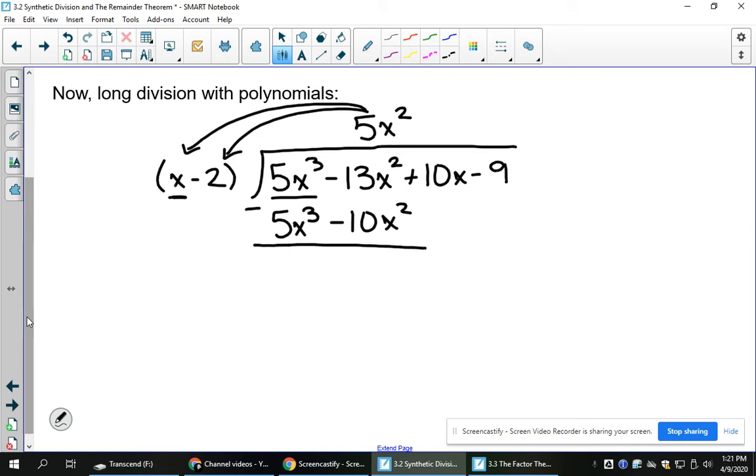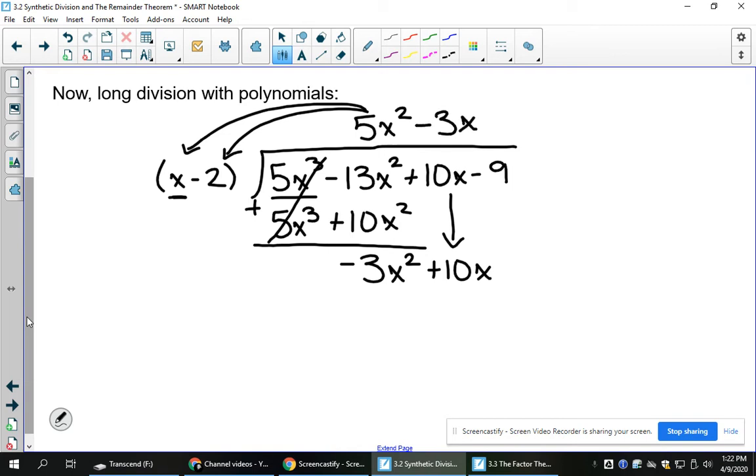I would subtract all of these. Negative 13 subtract negative 10. Those would actually turn into a plus for two negatives. And I'd start again. Pull down my 10. Think about what I can multiply x by to get negative 3x squared.